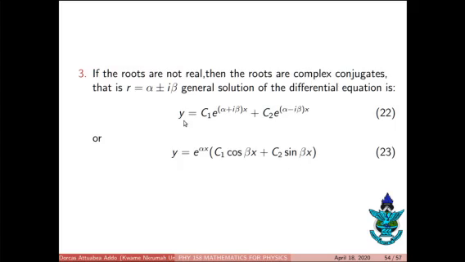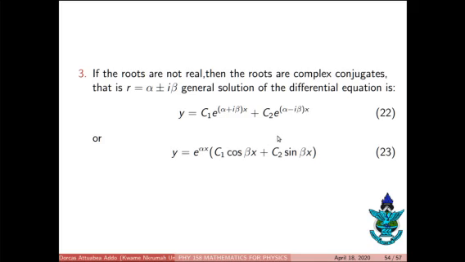The third case is when the roots are not real. If they are not real, it means that they are complex conjugates. So I have r equal to this. If it's equal to this, then our general solution is of this exponential form.